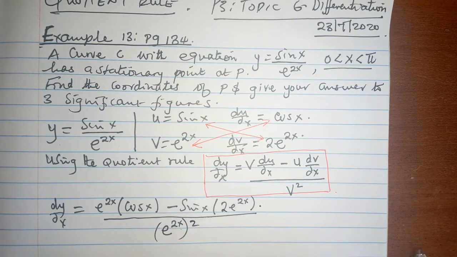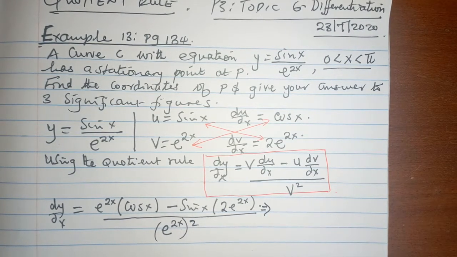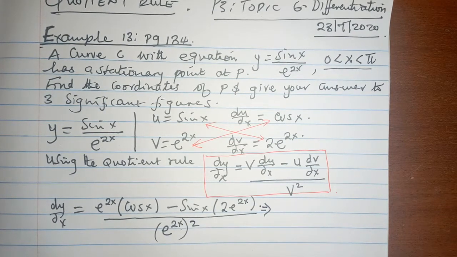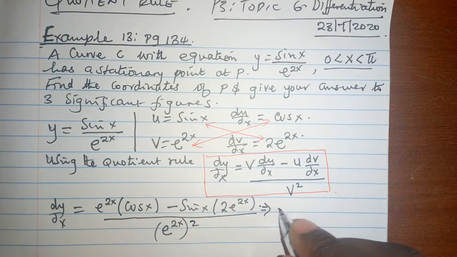Looking at this keenly, because we have e raised to power 2x common, let it be outside.